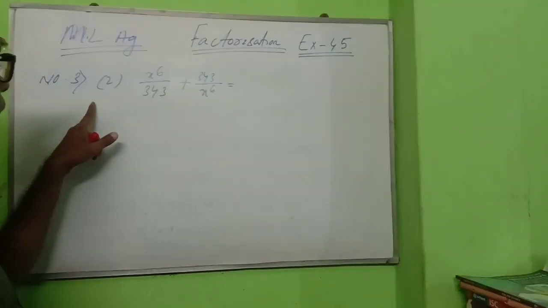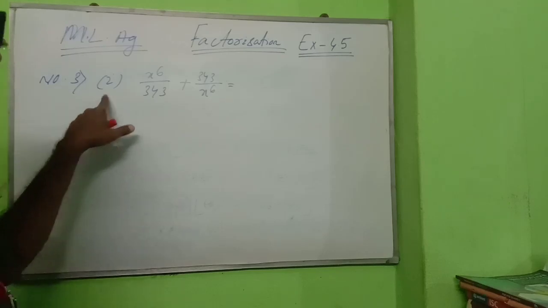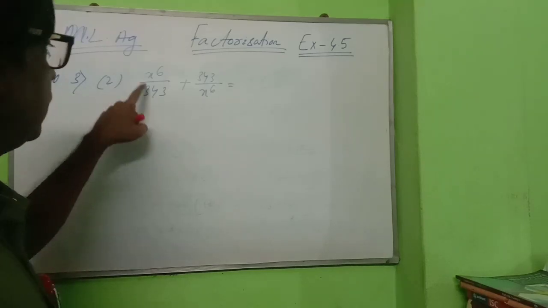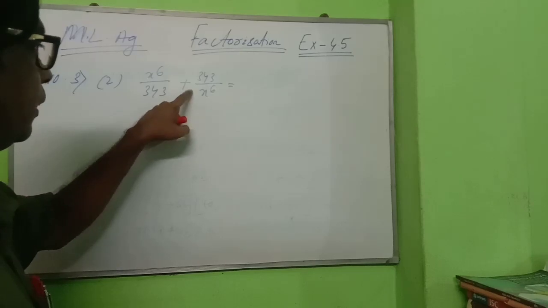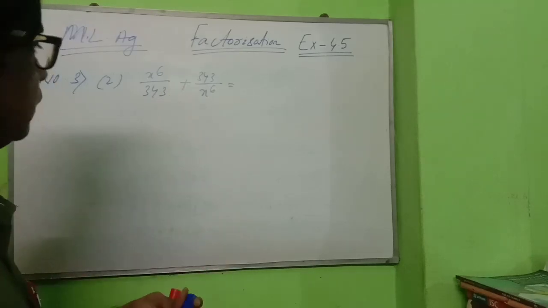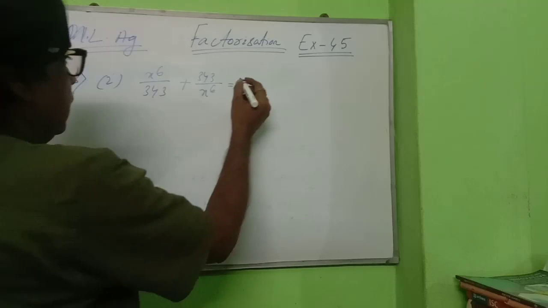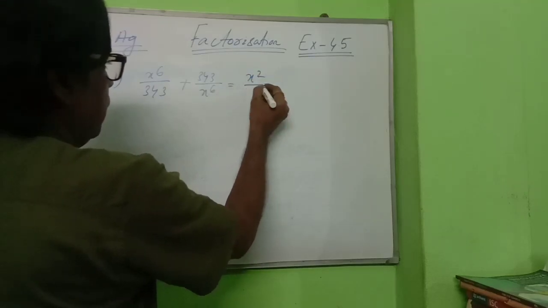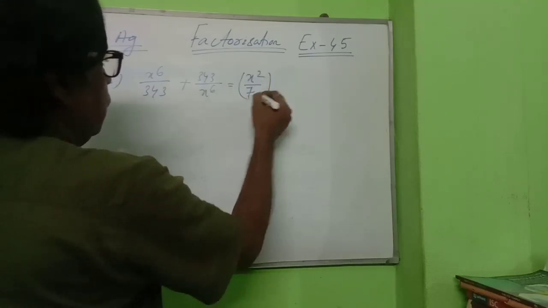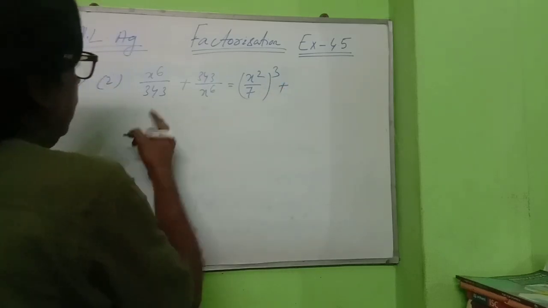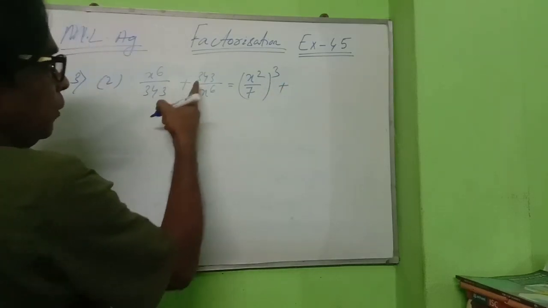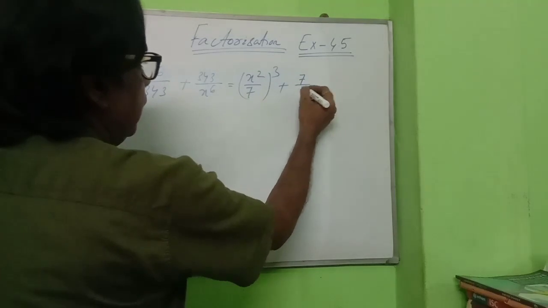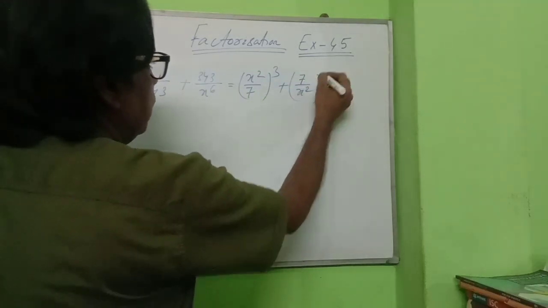See the question number 3, first part. The question is given: x to the power 6 by 343 plus 343 by x to the power 6. Now tell me, x square by 7 whole cube, yes or no? This will be x square by 7 whole cube, and this will be 7 by x square whole cube.